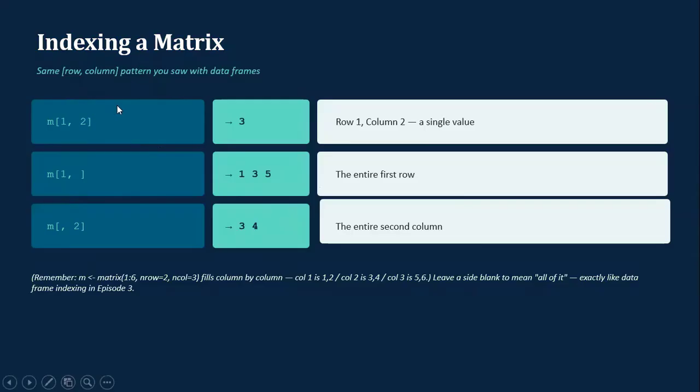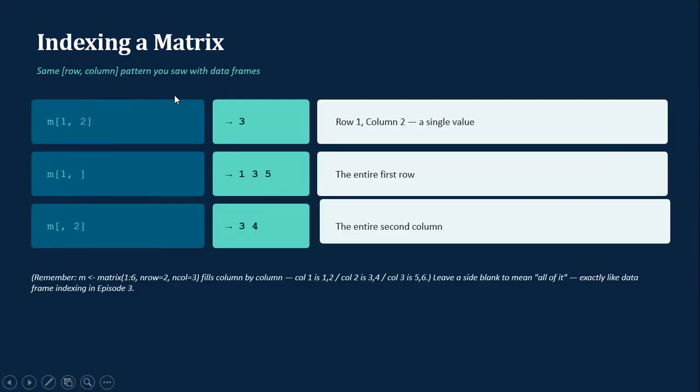Indexing here should feel familiar. It's the same box bracket, row, comma, column, box bracket close pattern from data frames in episode 3. Remember, M filled column by column.